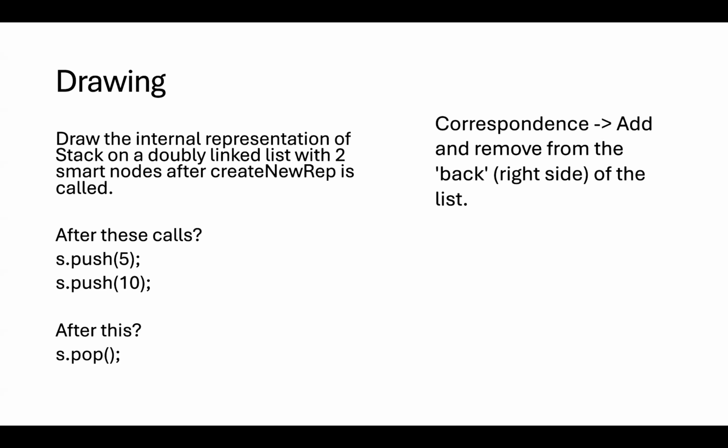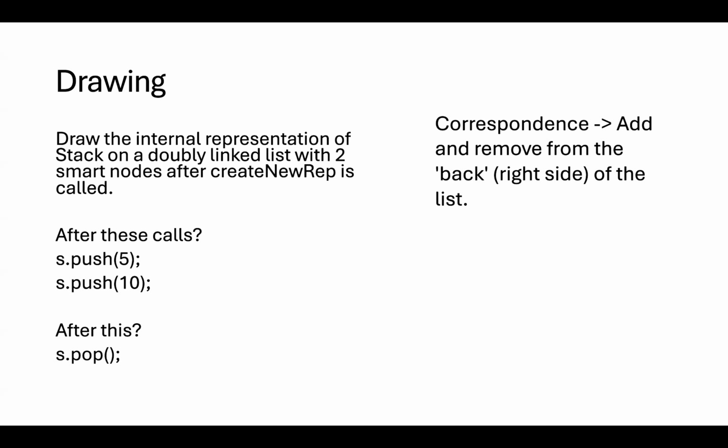Push 5. When we do that, since the correspondence tells us to, we add and remove from the right side. From the right side basically means that we are going to go over here, and then we're probably going to have to fix some pointers, but let's just make our new node down here.